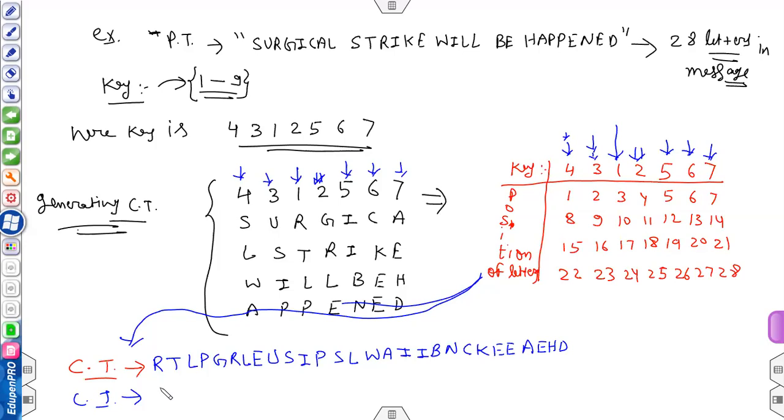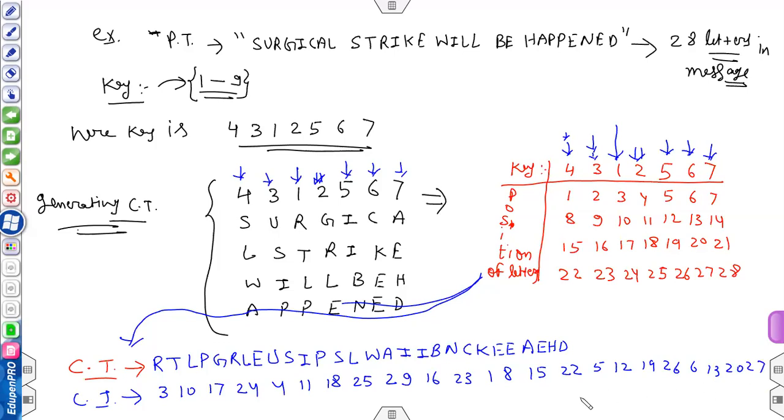We may write like this: 3, 10, 17, 24, then 4, then 11, 18, 25, then 2, 9, 16, 23, and then 1, 8, 15, 22, then 5, 12, 19, 26, 6, 13, 20, 27, and then 7, 14, 21, 28.